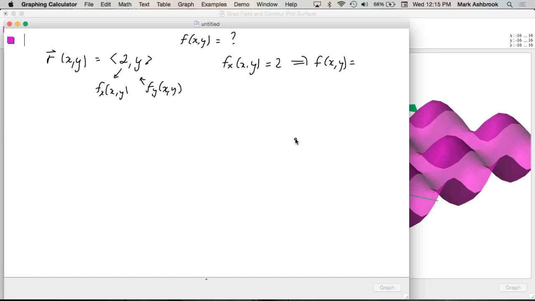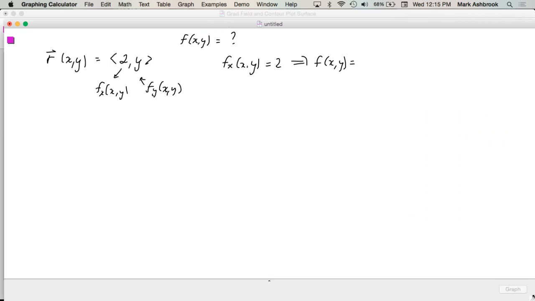How? Antiderivative with respect to x, right? When we took the partial derivative with respect to x, we got 2. So we're going to do the partial antiderivative. That would be 2x.